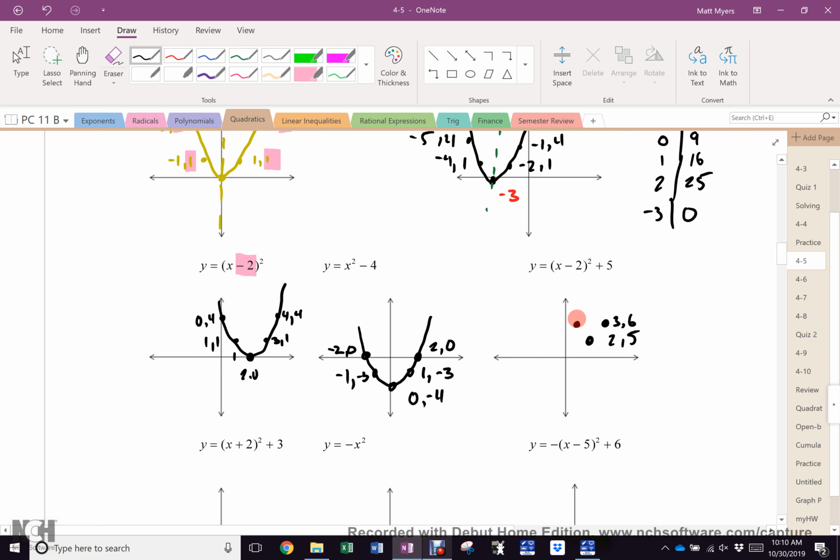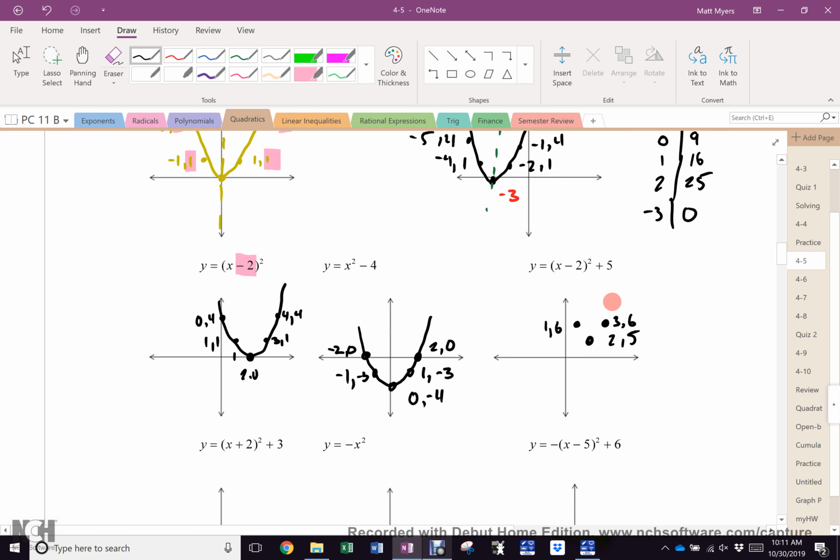What's this point automatically then? 1 to the left, which is 1 and 6, because I keep the same y value. If I go 2 to the right, what is my x value? 4. And I go up how far? We've done it 5 times, ladies and gentlemen.